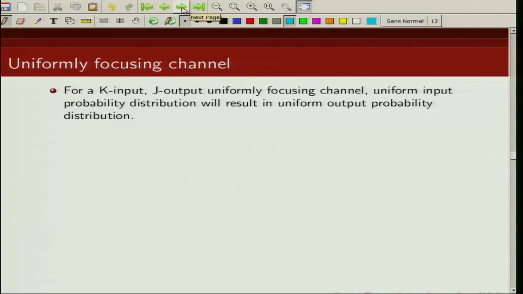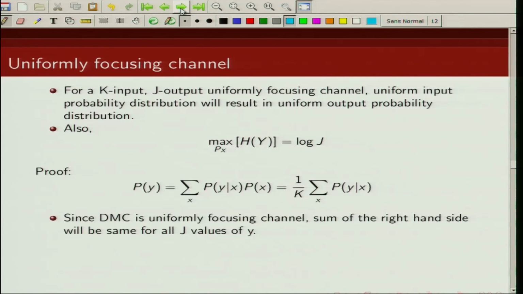Now, what can we say about a uniformly focusing channel? For a k input, j output uniformly focusing channel, a uniform input probability distribution will result in a uniform output distribution. So let's prove this. Also, the maximum value of H(Y) is given by log j, where j is the number of possible output values. So p(y) can be written in this particular way.